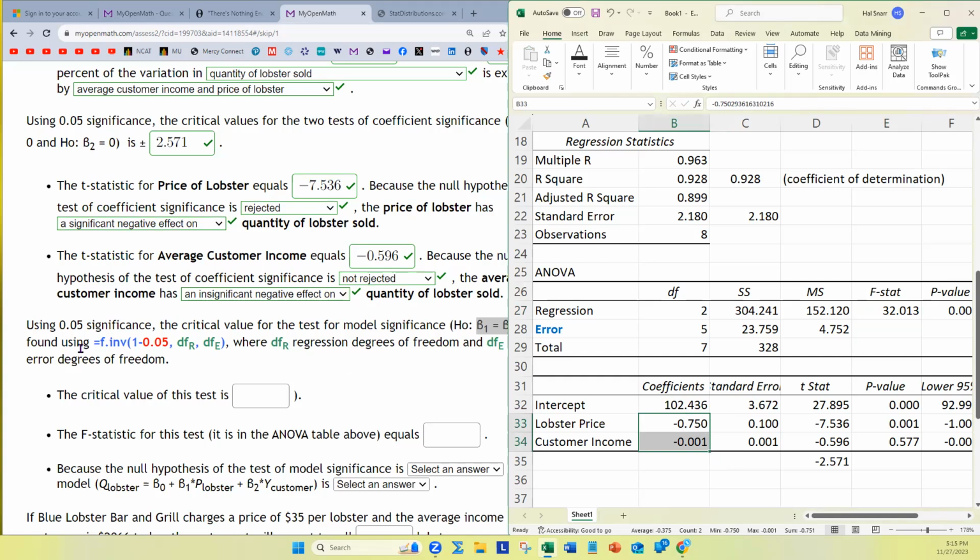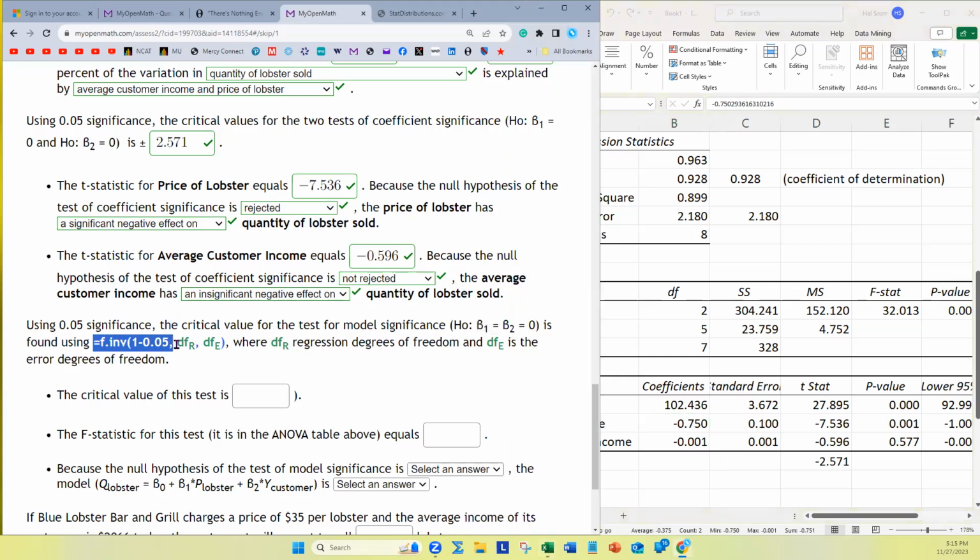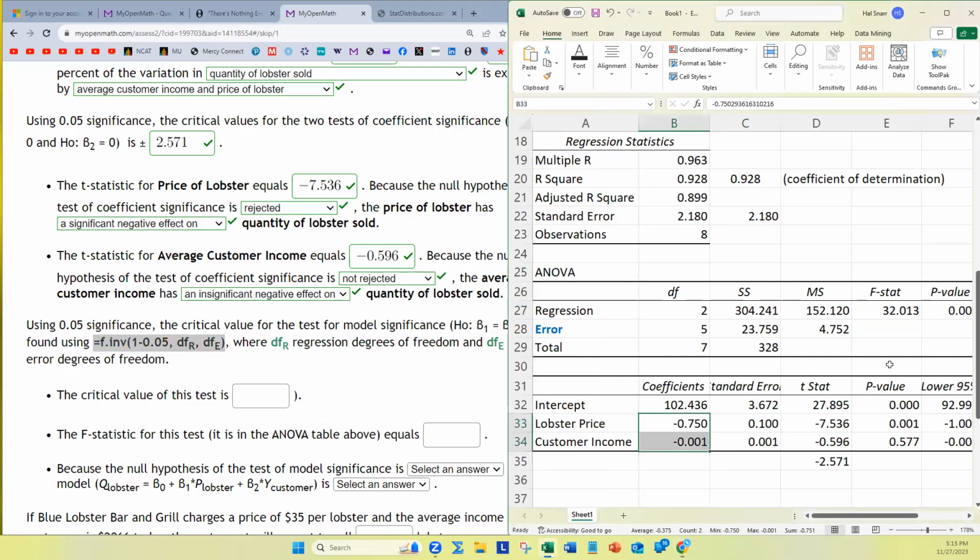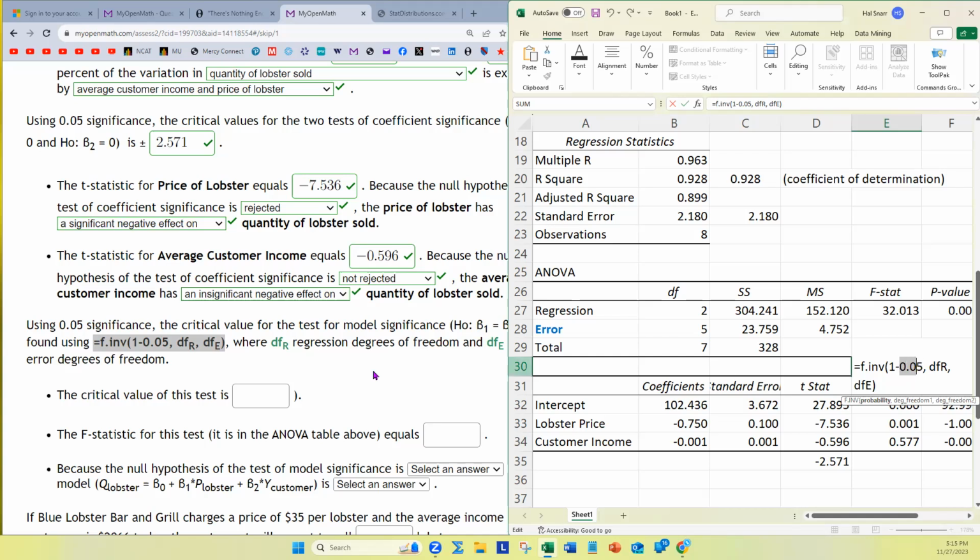So what I'm going to do is get the critical value here. You can use this formula to get the critical value. I'm going to put it right here. The 0.05 is your significance level, right?